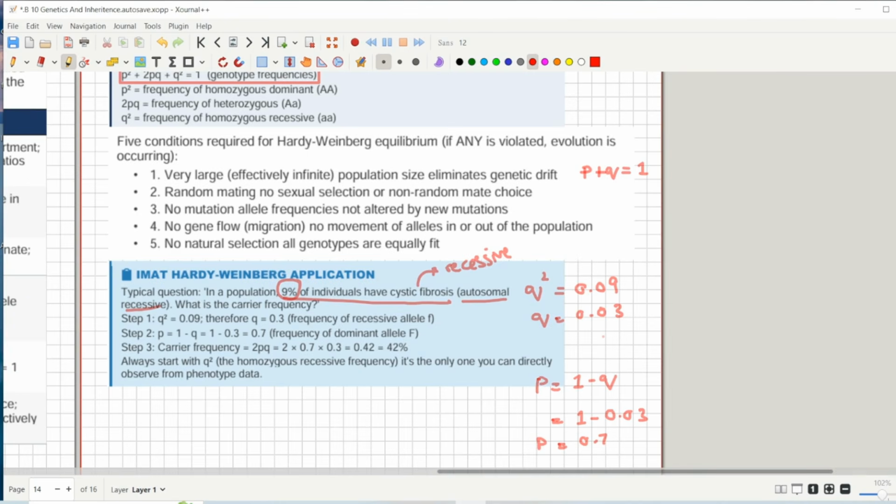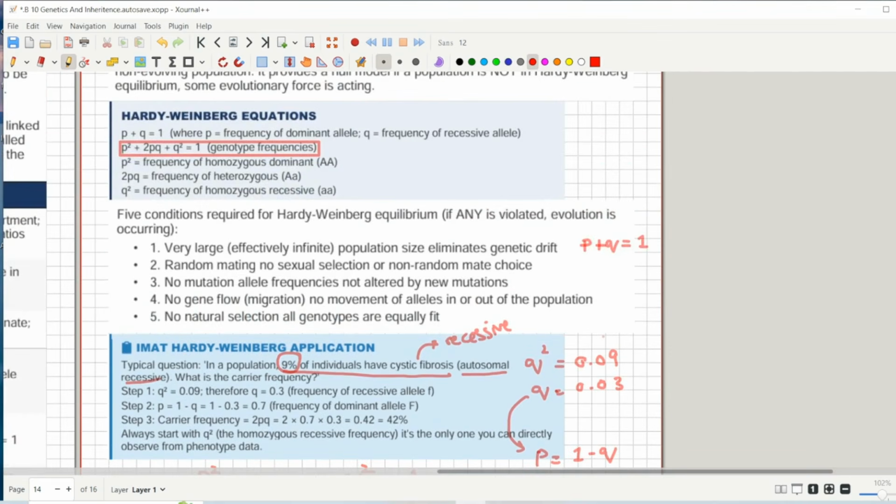From this statement, you know that the 9% is the q square, right? So q was 0.3. From q you found p, and now that you have q and p, you can use them in the equation. So what is the equation? The equation is p square plus 2pq plus q square equals 1, right?